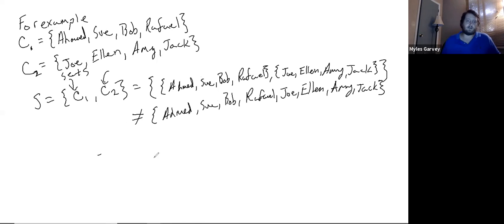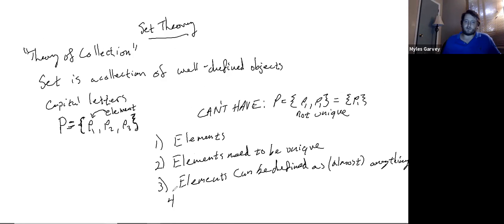One small thing I would like to note is that there is one rule that we need to be careful of. I'm going to go back here and write it as rule number 4, which is that sets cannot contain themselves.